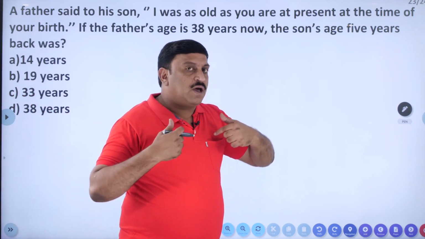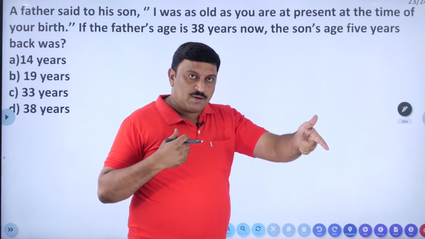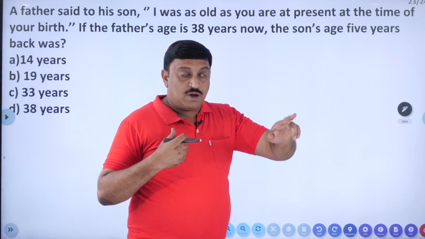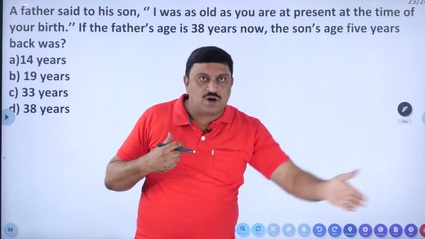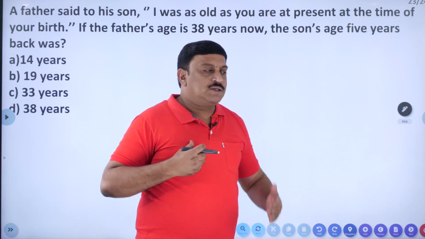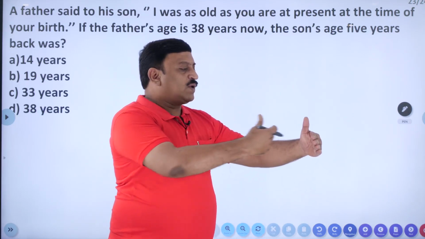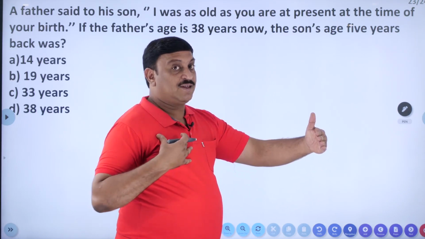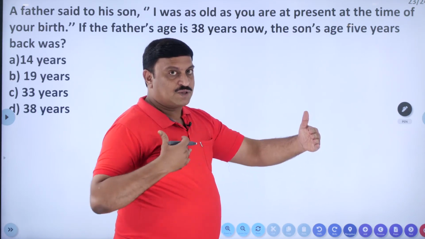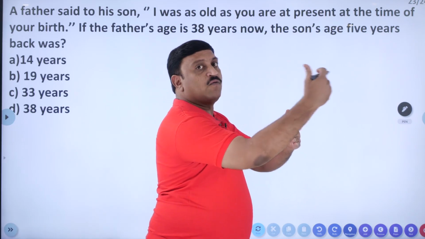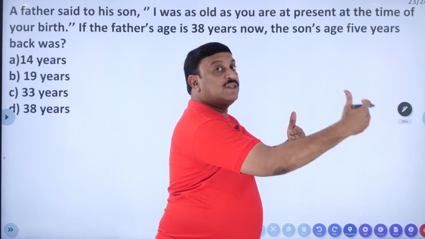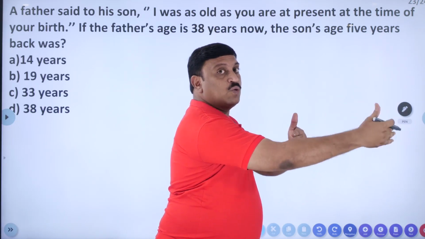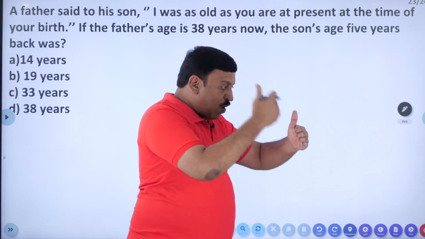I was as old as you are at present. At the time of your birth, I was just the same age as you are now. Means, whatever the difference between you and me, the same difference is there while you have taken birth. Then the difference between you and me is same as now you and me.